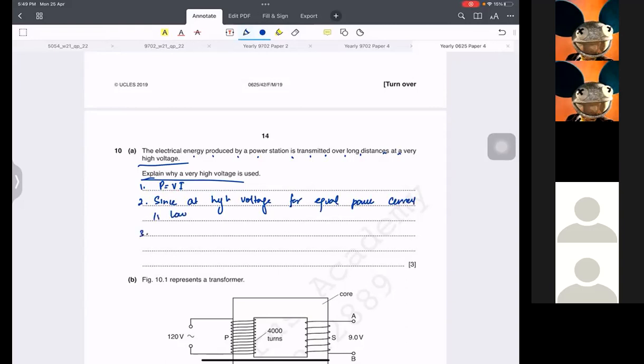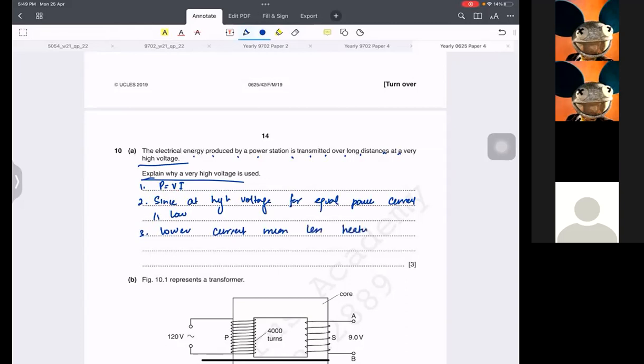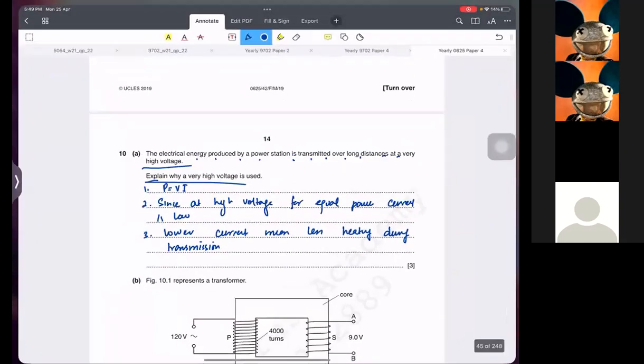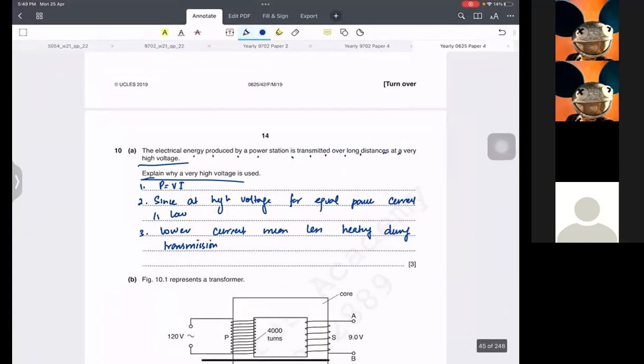Then lower current means less heating during transmission. Transmission means when electricity is transmitted from one place to another, right? So it reduces the cost and power losses. Is it clear, everybody?